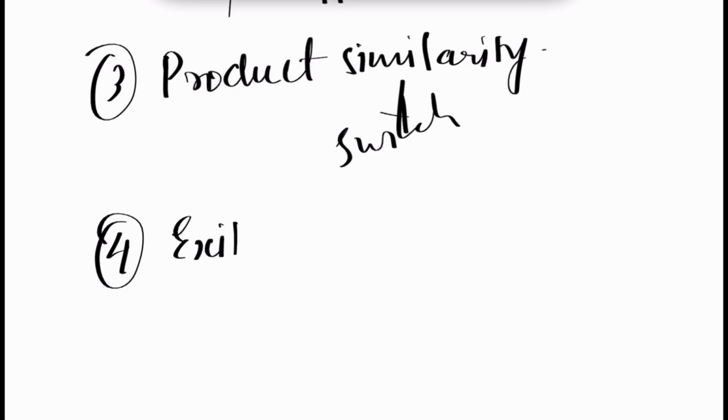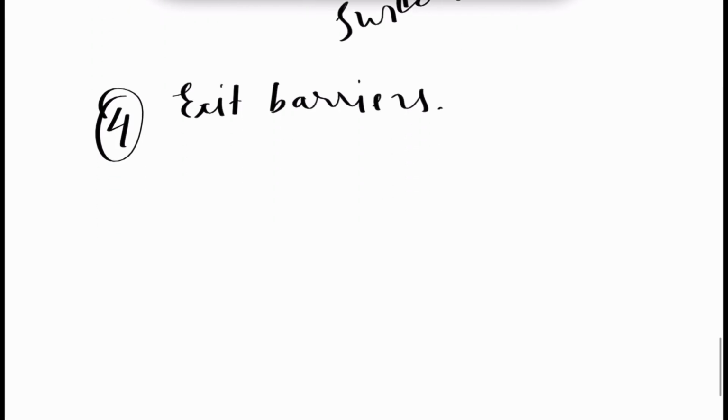Fourth one is exit barriers. This is very important. There will be high exit barriers which will force the companies to stay in the market and compete even when it is unprofitable, which will increase the rivalry.